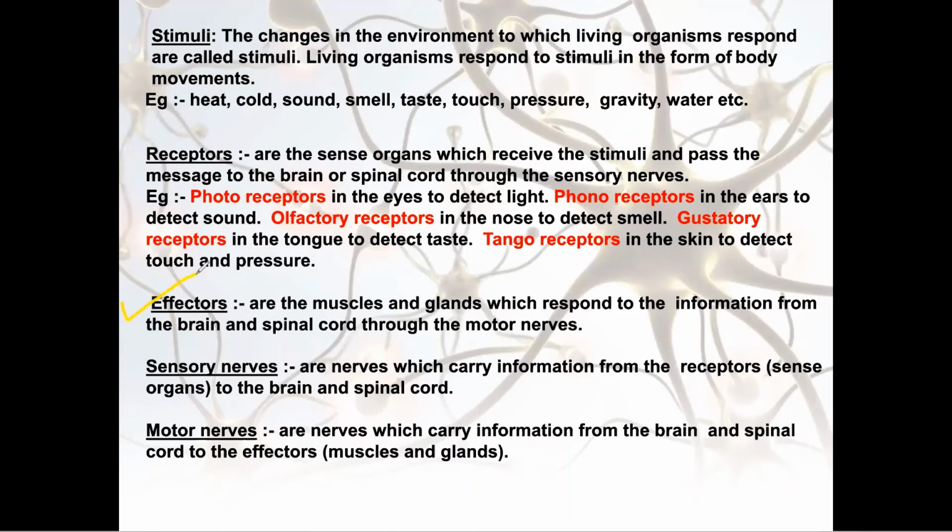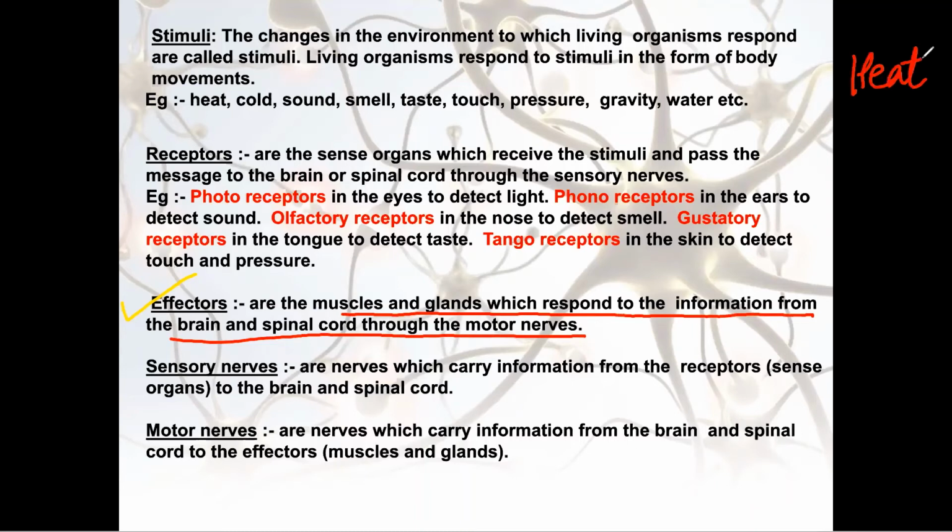An effector is the muscles or the glands which respond to the information from the brain and spinal cord through the motor nerves. So if we draw a pathway, for example, heat.